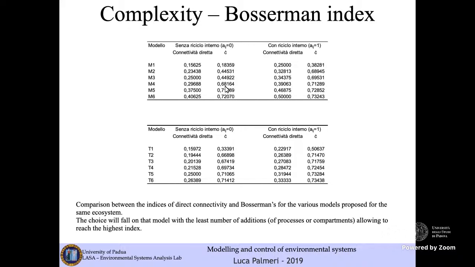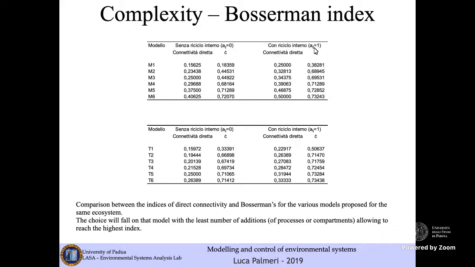We have two cases. One case in which we assume that there is no internal recycling in the single compartments of a network. This means that the values of the diagonal are 0. And these are cases in which there is complete recycling into separate compartments of a network.